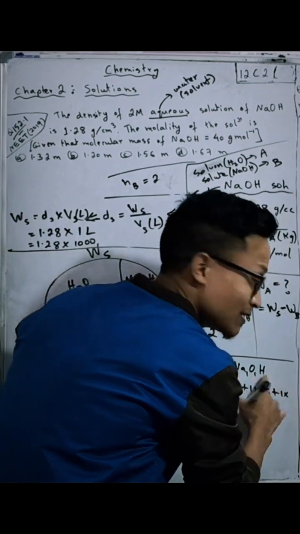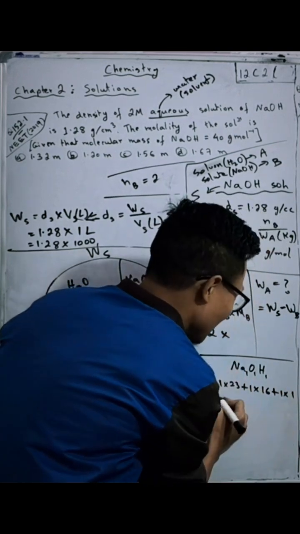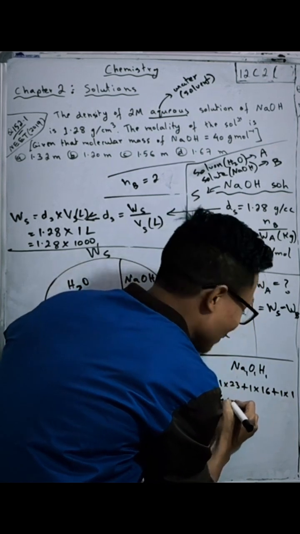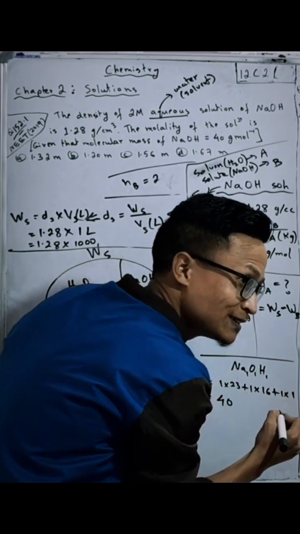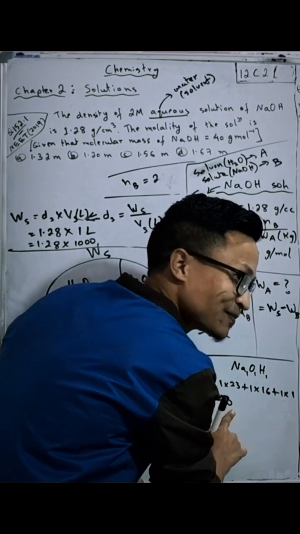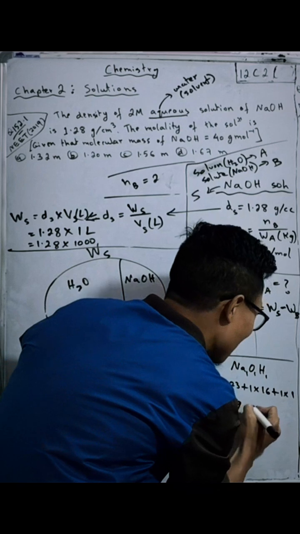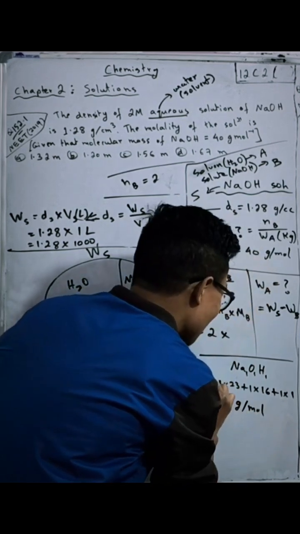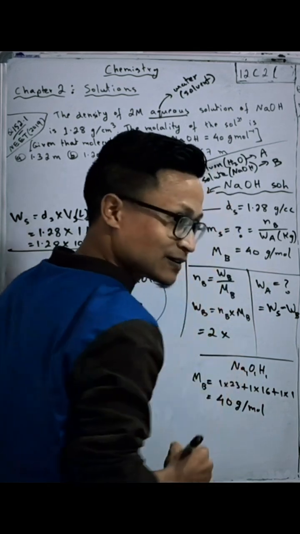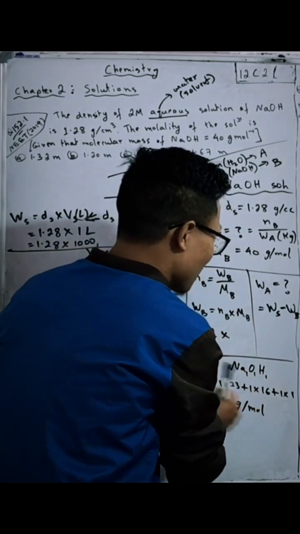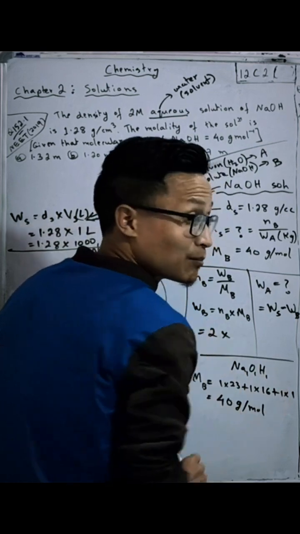How much are we getting? 40. What about the unit? Gram per mole. This is the molar mass of the solute. Remember, molar mass is in the unit of gram per mole.